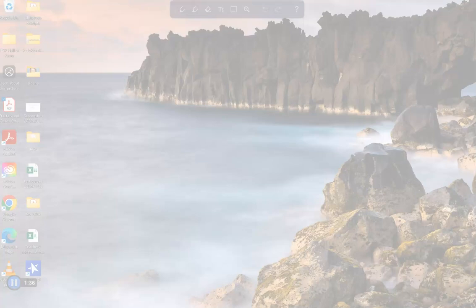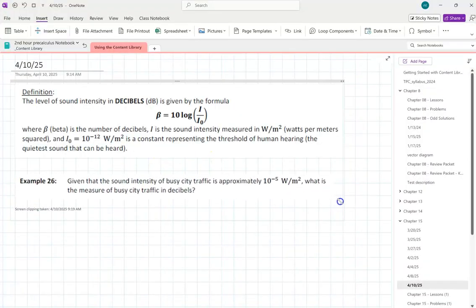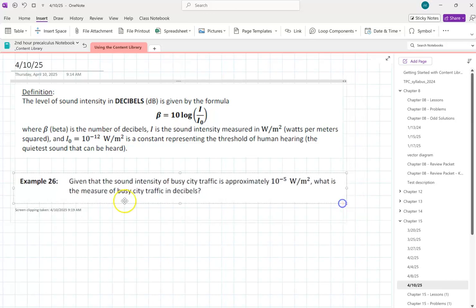Sound intensity is a situation that has a logarithmic relationship.